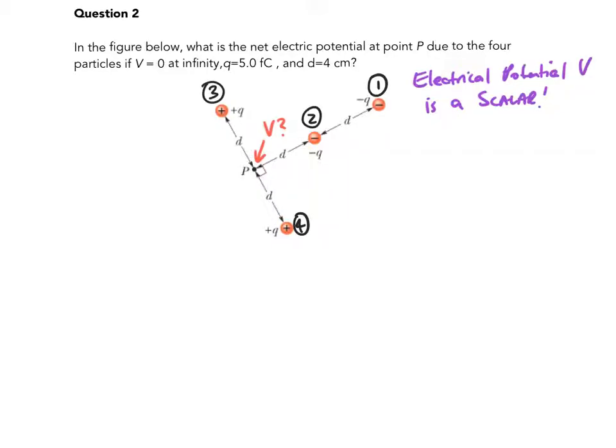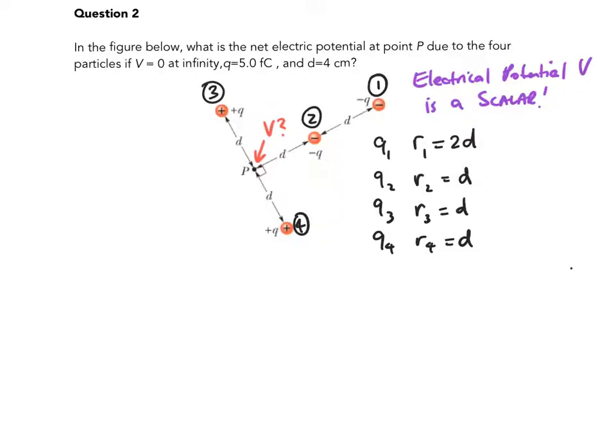So we'll say Q1 is at a distance R1 equals 2D. Q2 is at a distance R2, which is just D. Q3, R3 is also D, and Q4, R4, is also D. So they're all D away from that point, except for charge 1, which is 2D away. So it's going to have a smaller contribution to the net potential at that point.